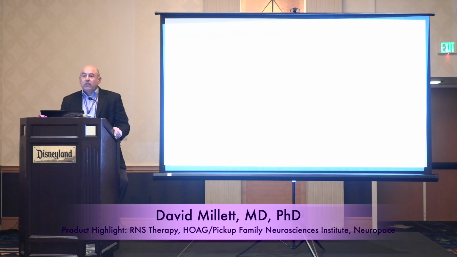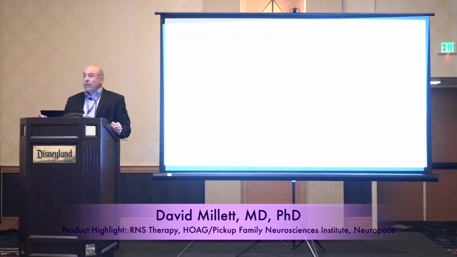The RNS system is oftentimes most useful in patients that have 2 different areas that seizures are coming from, and it's not feasible or recommended to remove both of those areas. Probably the most common situation is when patients have bilateral temporal lobe epilepsy. Temporal lobe epilepsy is the most common form of drug-resistant epilepsy in adults.